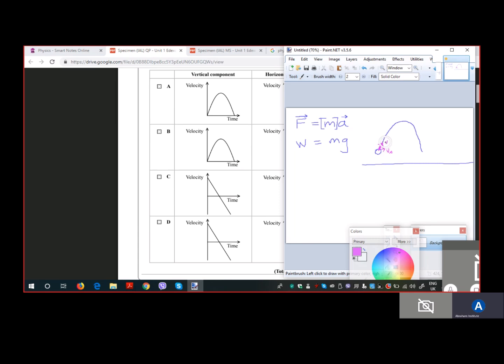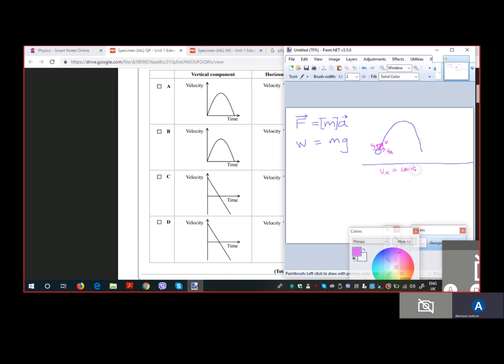Let's say this is V, the actual velocity, and in the vertical direction it is Vy. Now Vx remains constant, because it's the horizontal component of the velocity. So throughout the motion, Vx is constant.